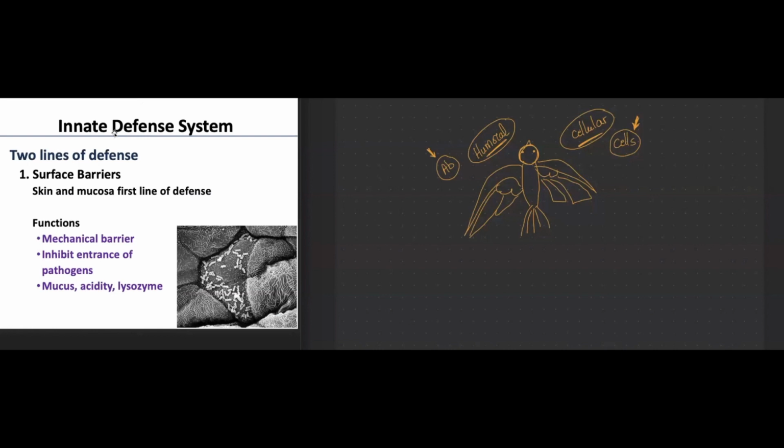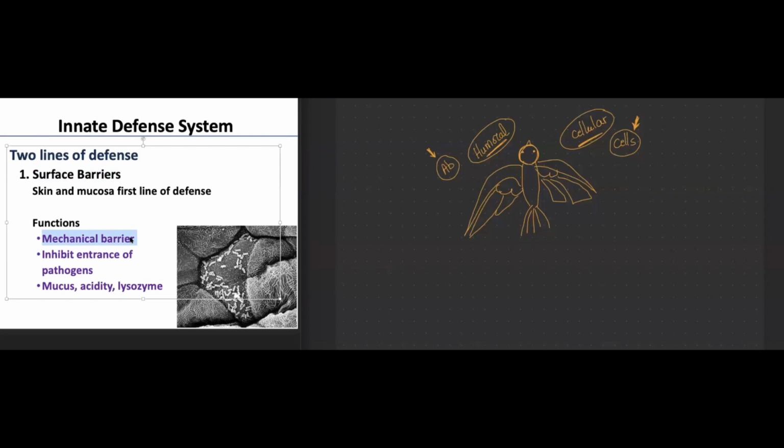All right, so starting here with the innate defense system, we have two lines. The first line of defense is our surface barrier that prevents most of the pathogens from invading the internal tissues. This includes my skin and my mucous membranes. I'm acting here as a mechanical barrier.